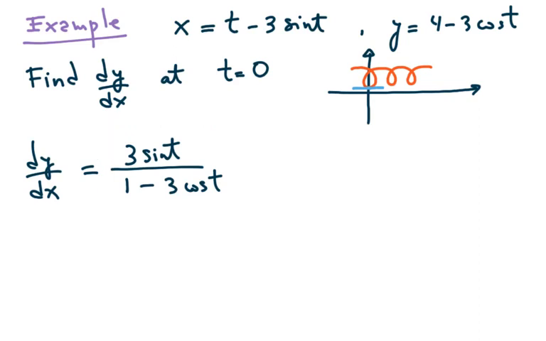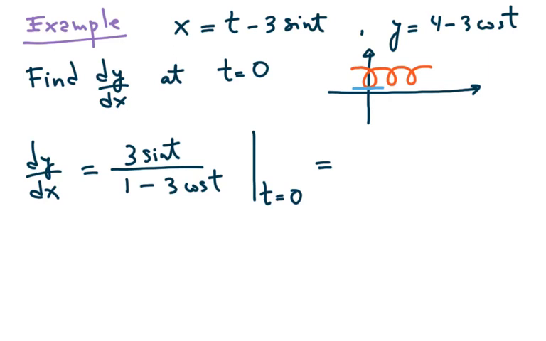So now, this is the derivative for all t values. So by plugging in different values of t, we can get the derivative at different points of this function here. In this case, we are asked to calculate the derivative at t equals 0. So we just evaluate this function at t equals 0. I mean, plug in. So we plug in 0 for t.